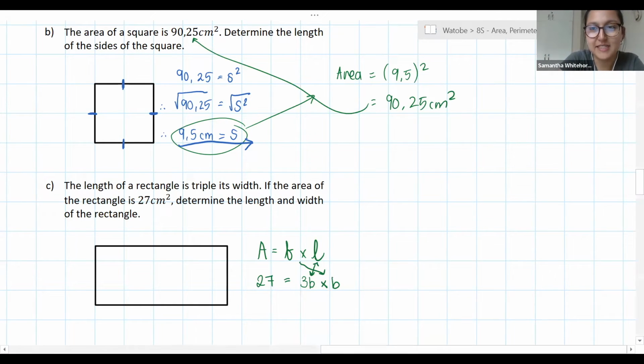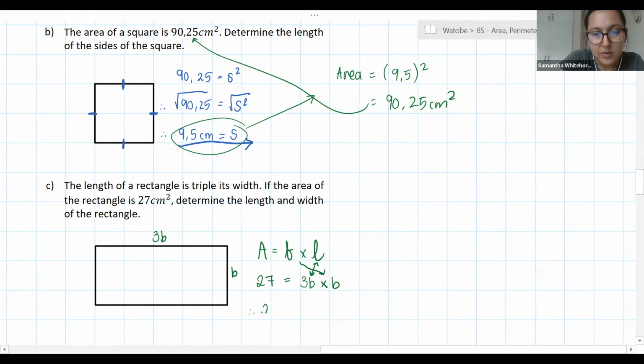All right, so guys, very importantly, let me start that sentence again. One length is triple the breadth. So if breadth is b, 3b is the length. And so if we substitute that into our formula of length times breadth or breadth times length, doesn't really matter, we've got 3b times b.